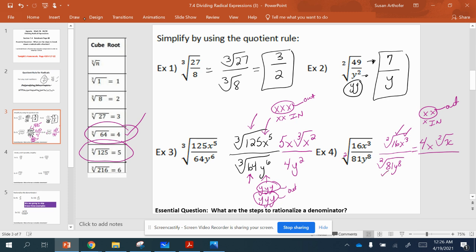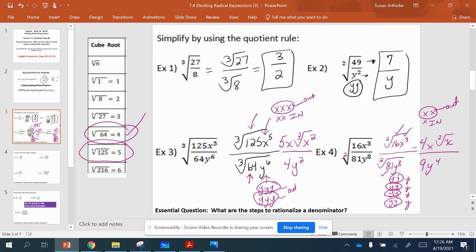Square root of 81 is 9. Y to the 8th comes out evenly in sets of 2. It would be y to the 4th. Or if you draw it out, 2, 4, 6, 8 of them. Out, out, out, out. That's 4 that got out. So that's y to the 4th.